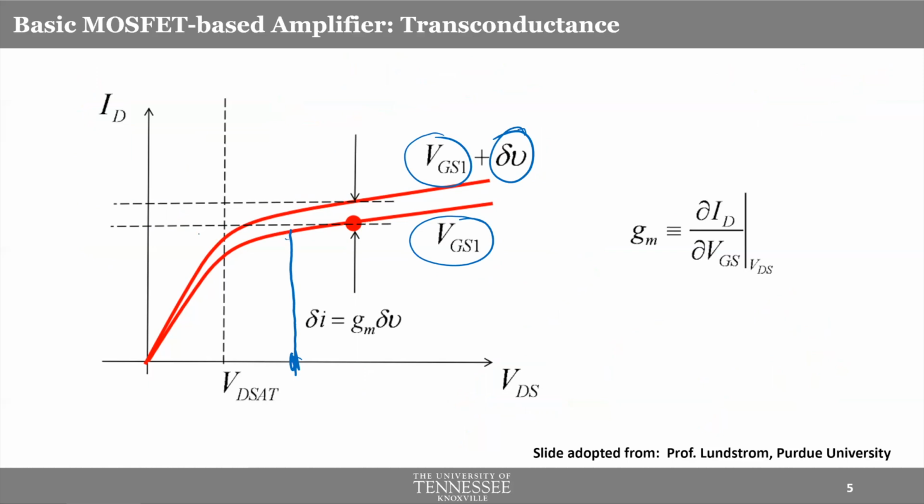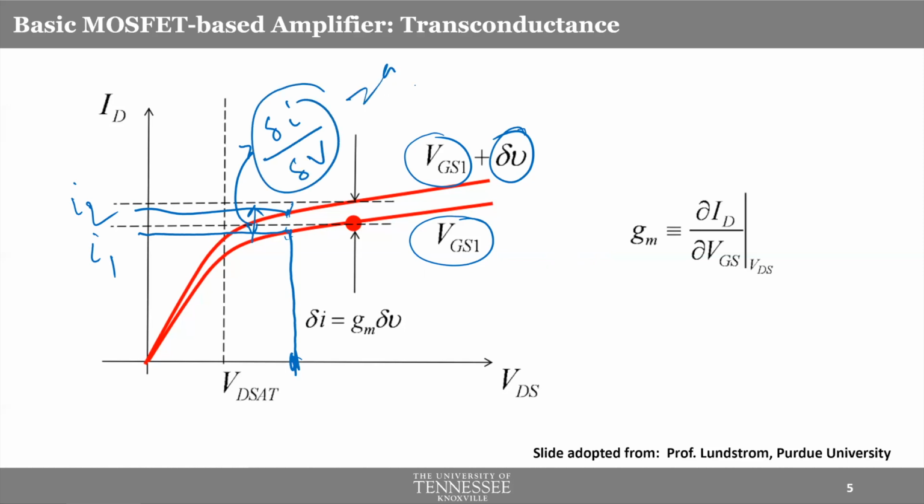Then you can look at this current, say I1, and the next current, I2, obtain the difference between these two currents, delta I, and divide this delta I by delta V to get transconductance for that VDS. So we always have to calculate GM or transconductance for one particular value of VDS.